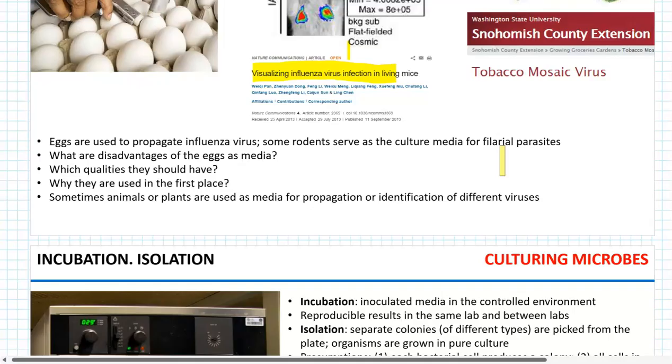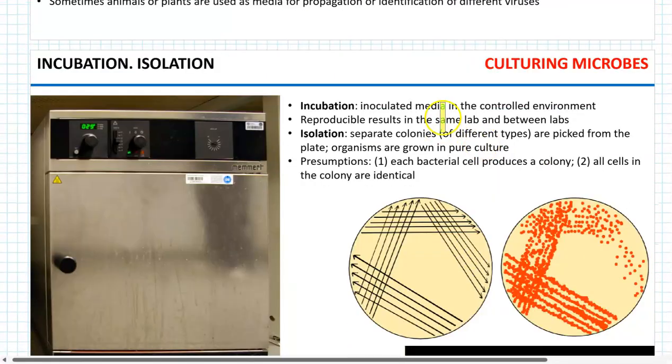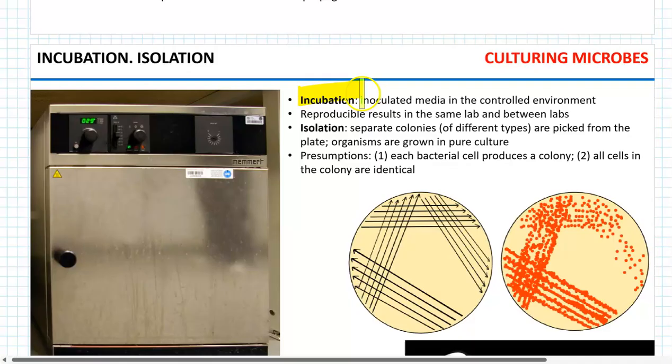Now we inoculated our medium. Next thing that we need to do is to incubate. You already, quote unquote, met the incubator last week, 2 of them actually. One maintains 25 degrees Celsius, and the other 37.